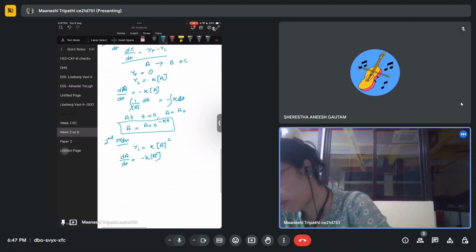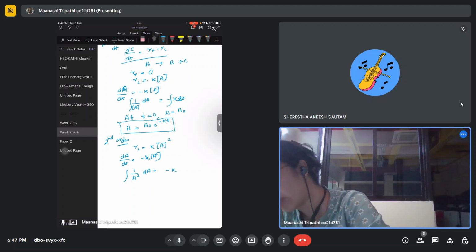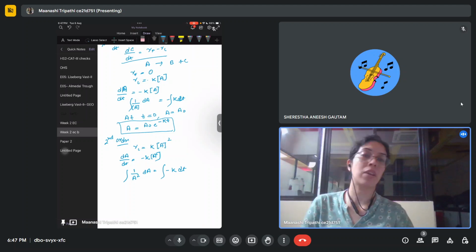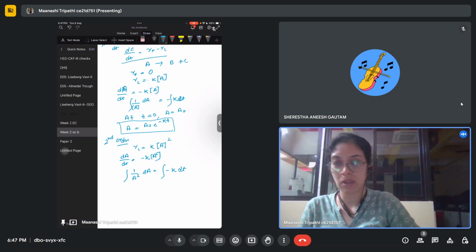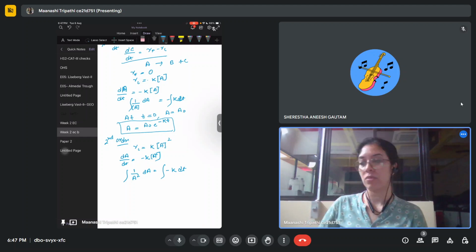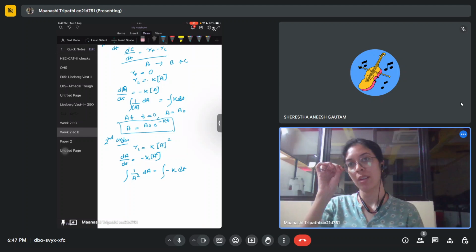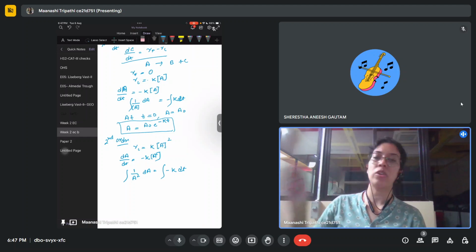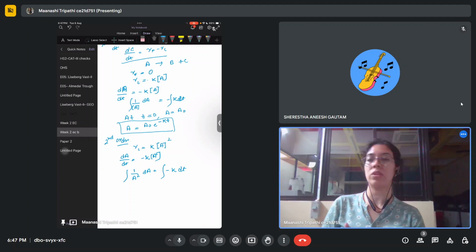Now for integration, dA by A square is equal to minus K dt, then we can solve this equation by integration. I'm not writing the answer, it will be time taking. Similarly, we can write for first order, second order, zeroth order, third order, any order of reaction using this.